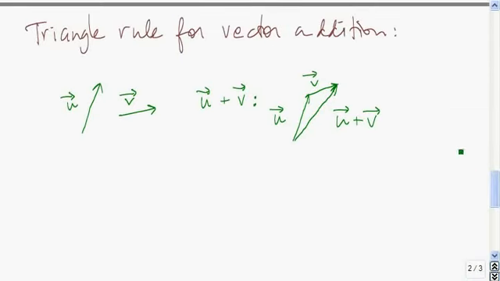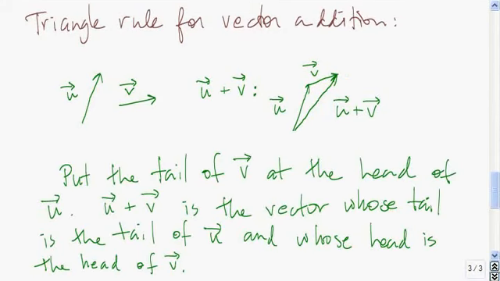Just to recap, we take the vector u, put the tail of v at the head of u, and then the vector u plus v has its tail at the tail of u and its head at the head of v. Here I've written the rule for you.